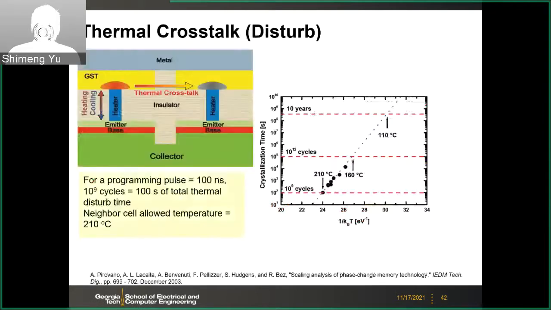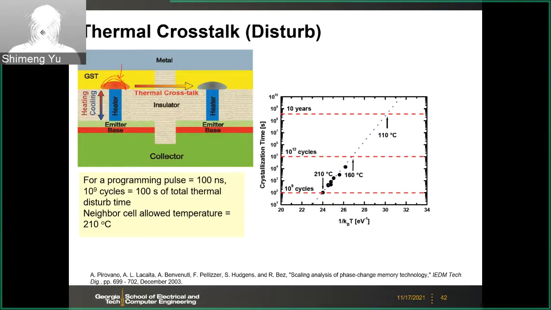And the next challenge is thermal crosstalk. And this will answer the question you raised earlier: why not make those two cells closer? If you make those two cells closer, then thermal crosstalk will happen. That means when you program this cell, you do the reset, you apply a large current.